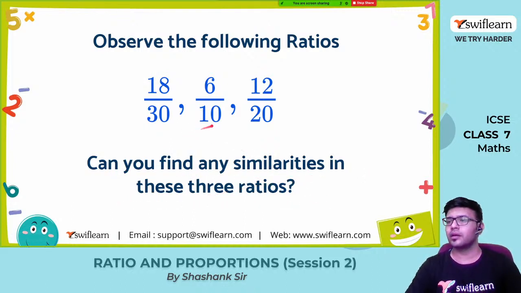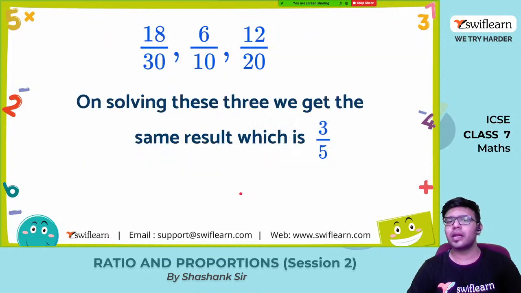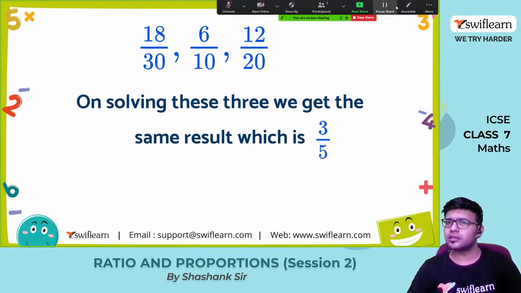Yes, we can. 6 by 10, if I multiply the numerator and denominator, antecedent and consequent, by 2, I am going to get 12 by 20, and 6 by 10, if I multiply the numerator and denominator by 3, I am going to get 18 by 30. On solving these three, we get the same result, 3 by 5.